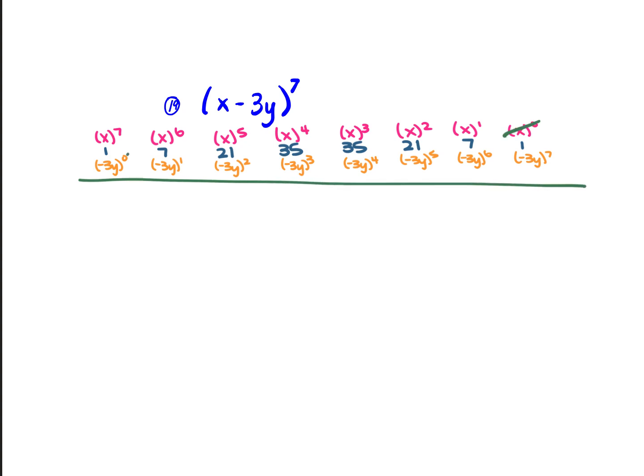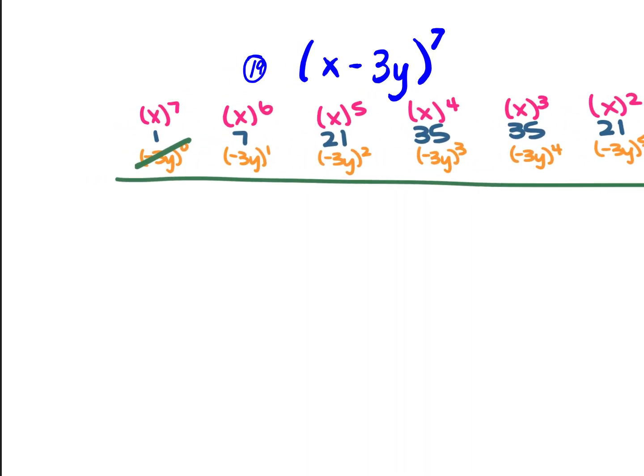I'm going to cancel out my powers of 0 and then start working this out. So we have x to the 7th power, which is x to the 7th. Then we have negative 3y times 7 times x to the 6th.